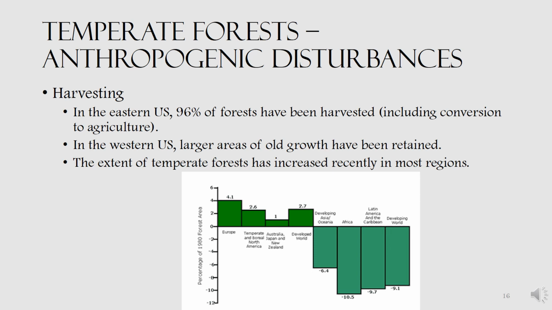North America, 2.6%, Australia, Japan, and New Zealand, 1%. Generally, the developed world has seen an increase of 2.7% in temperate forests. Whereas other parts of the world, developing Asia and oceanic areas, Africa, Latin America, and the developing world taken as a whole, has seen a decrease of about 9.1% in temperate forests.